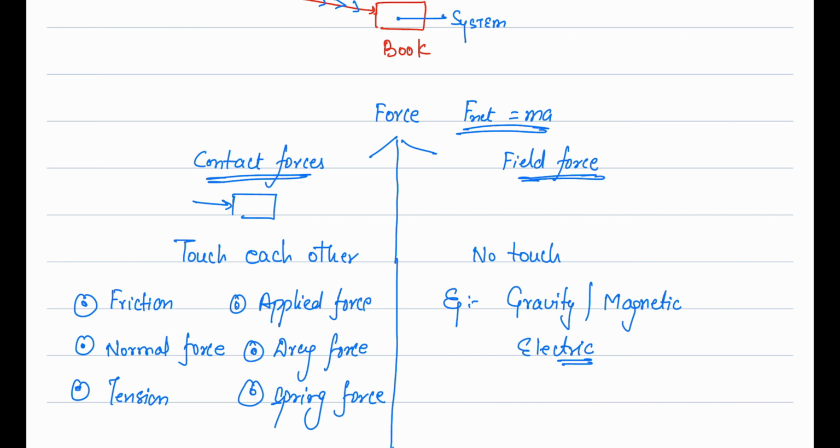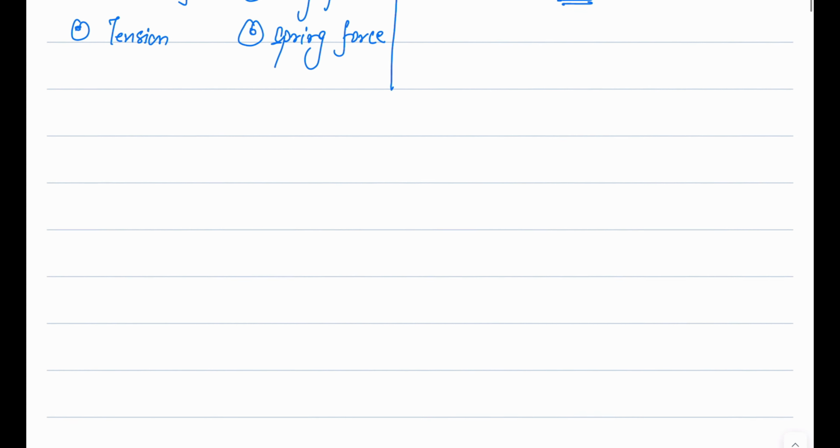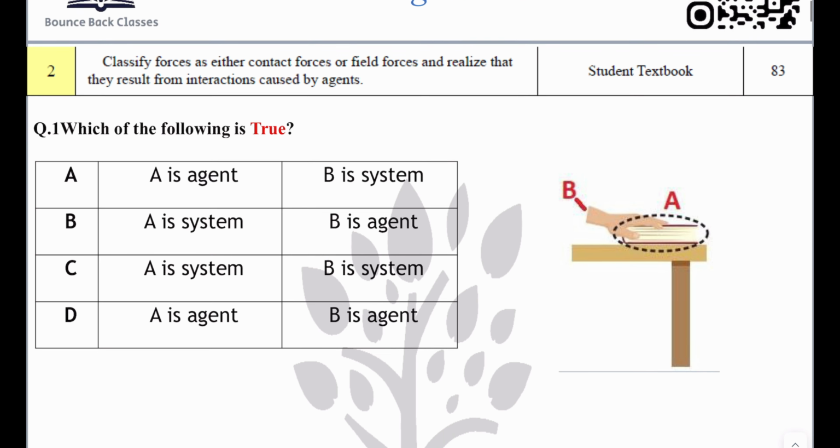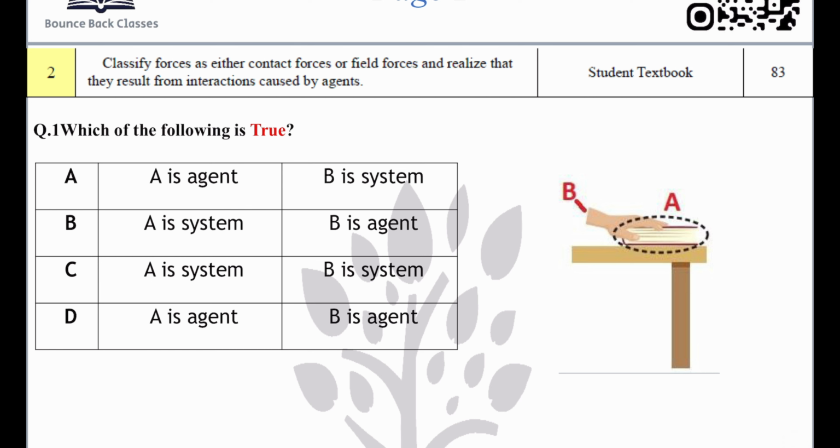Okay, let's read the question. In question number 2, what is he trying to ask us? Classify forces. It means we need to understand which is the field force, which is the contact force, which one is the agent, which one is the system. So first question, which of the following is true?